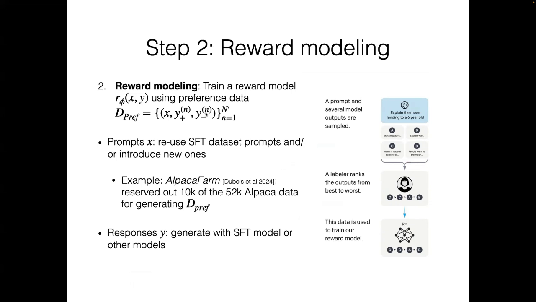Can I understand correctly, your SFT data set had these X and Y pairs. Here we're just keeping the X's, right? We're dropping all the Y's and the Y's are replaced with the generations from the model. Yeah, everything's a design decision. So you could also keep this one response and include it in your preference data.